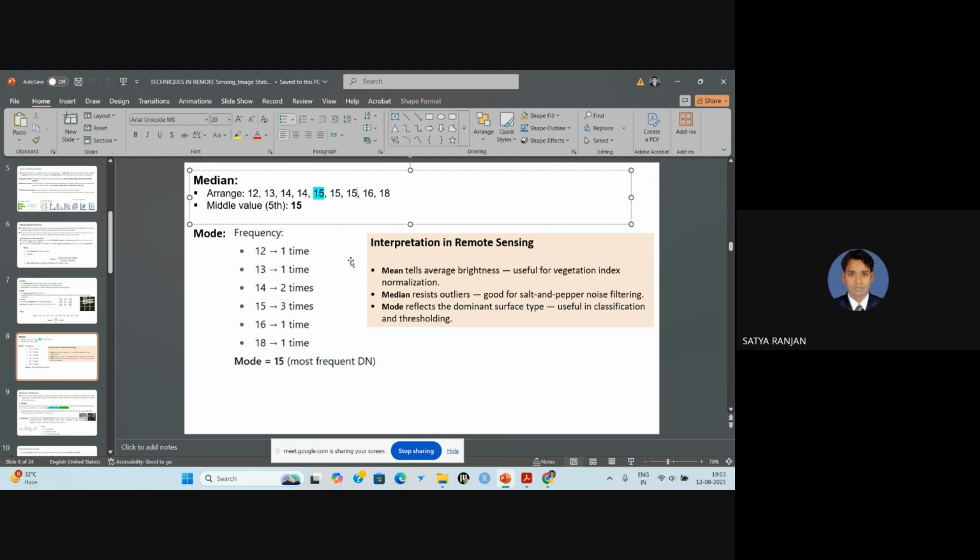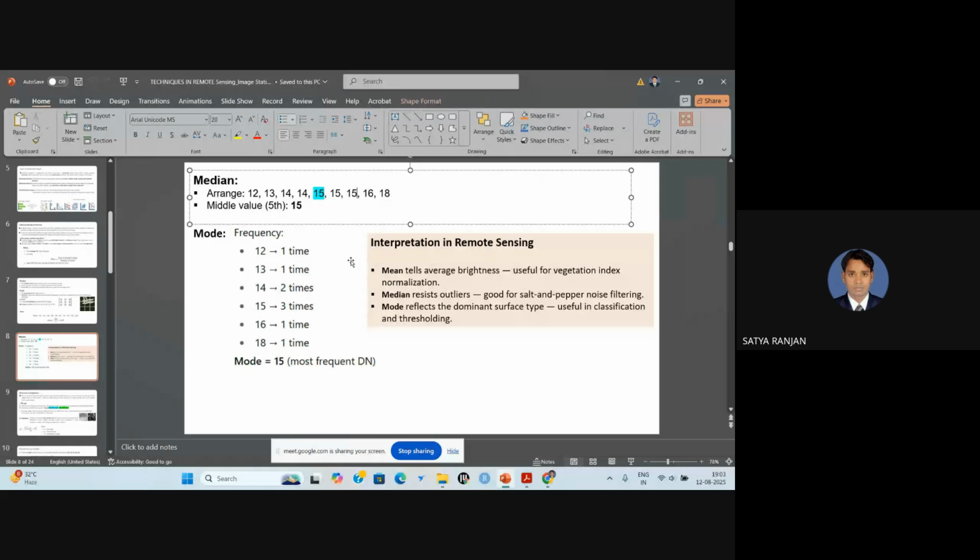Then the mode reflects the dominant surface features, useful in classification and thresholding. Suppose in a particular area there are a lot of forest areas, and the mode for a particular reflectance of vegetation is, suppose, 100 to 112. If it is repeatedly available, then we know that it is not water bodies, and it is forest or other areas.